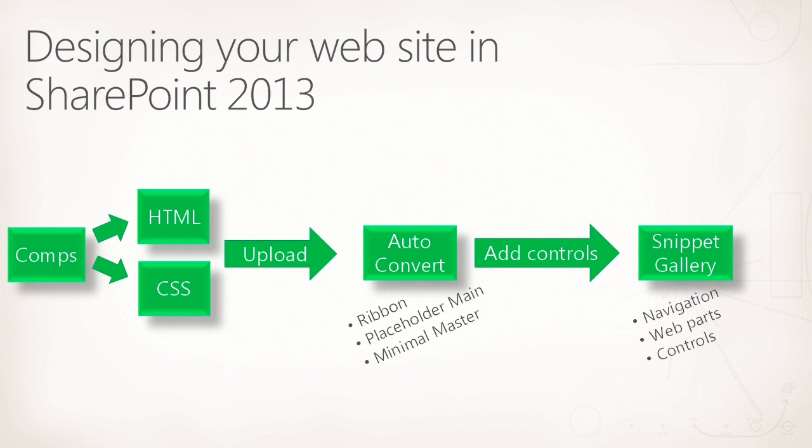And of course, web parts are an important part of that, and the content search web part, as I mentioned before, is probably the most important web part you want to insert. So that's the way by which you will get these snippets or these web parts onto your page via the snippet gallery. And then in today's session, we're going to talk all about the branding and styling stories of those specific elements of your site.